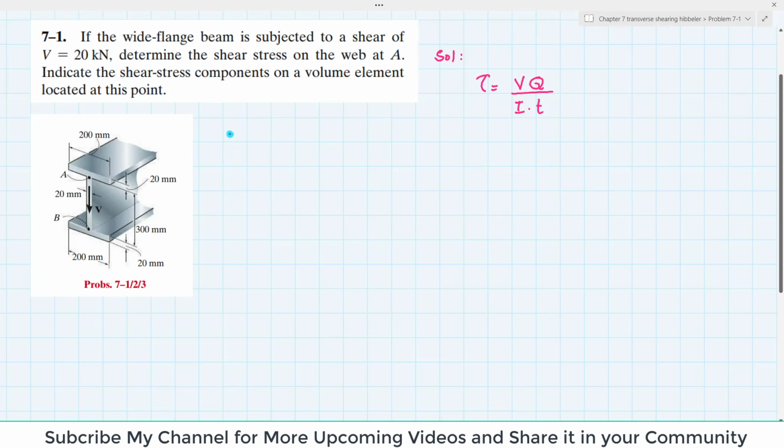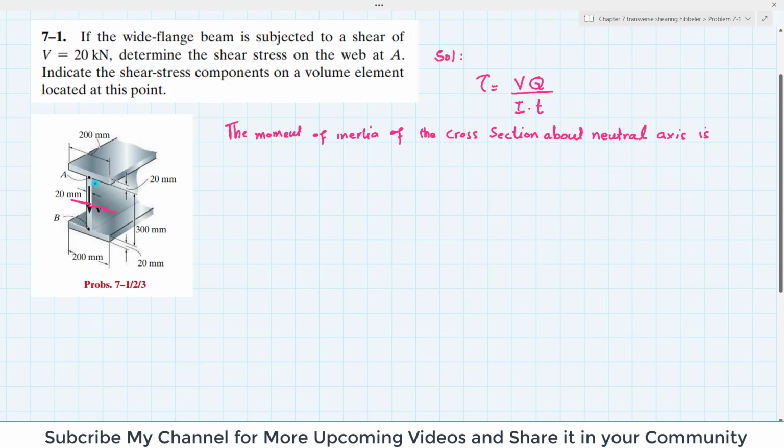So the moment of inertia of the cross section about the neutral axis is, you can see this is 300. The height of this web is 300, so the neutral axis will be the mid of this 300, clear. So this is your neutral axis.